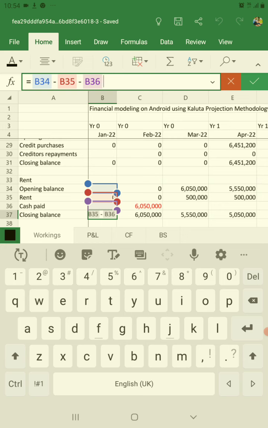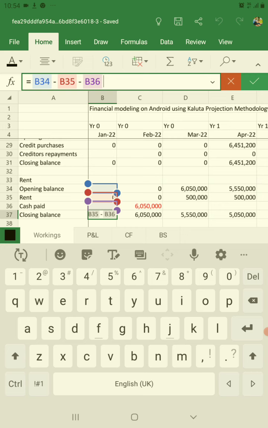So we see it is B34, that is opening balance, minus B35, that is monthly rent accrued, minus B36, that is cash paid as advance rent, and we get closing balance, that is the balance for advance rental payment that is not yet utilized.